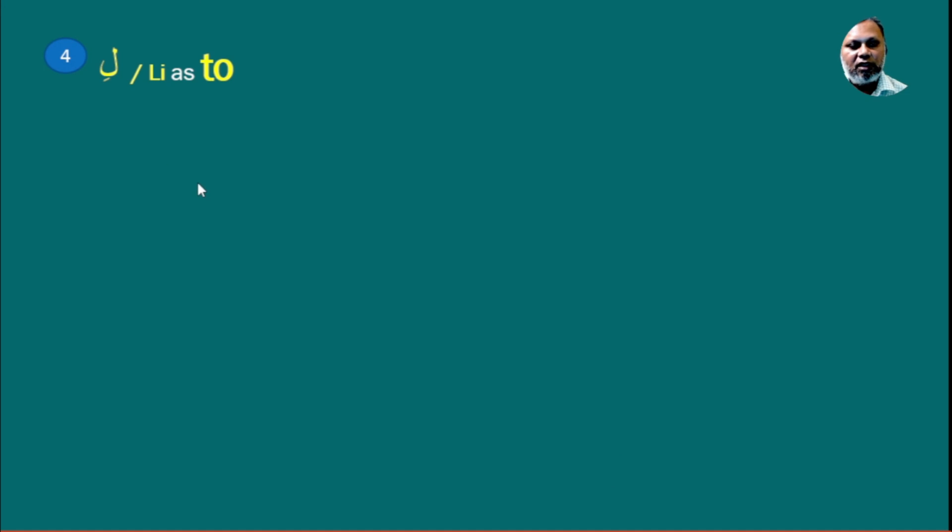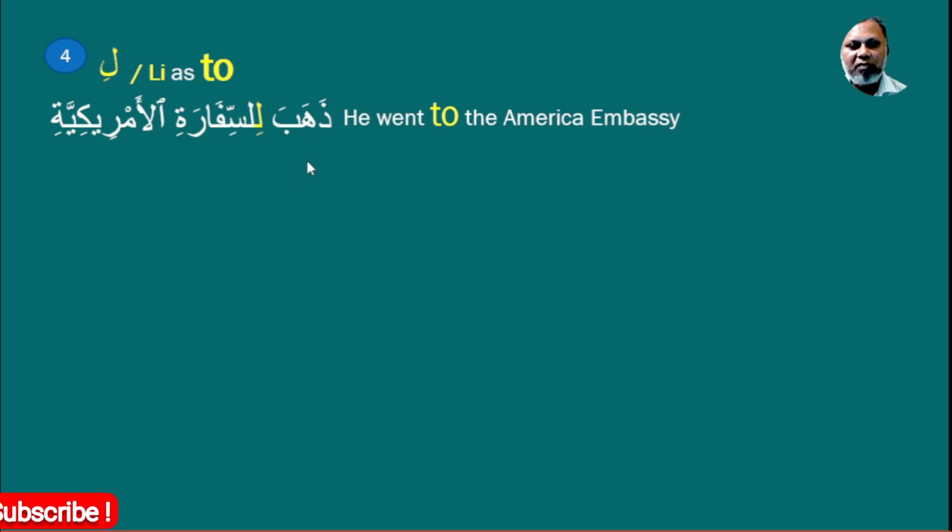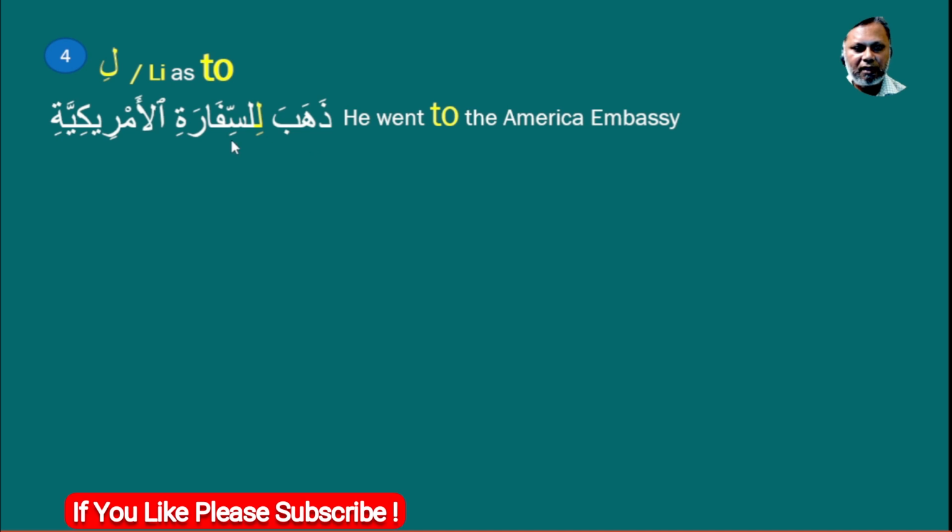Now see one more example. Li as to. Zahaba lis sifarati al Amerikiyati. Zahaba means he went. Zahaba lis sifarati, he went to the embassy. Sifarati means embassy.